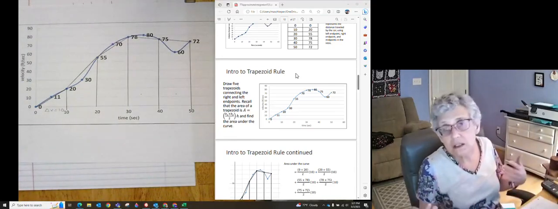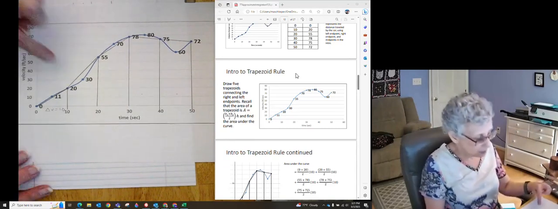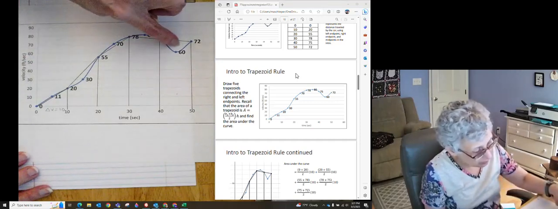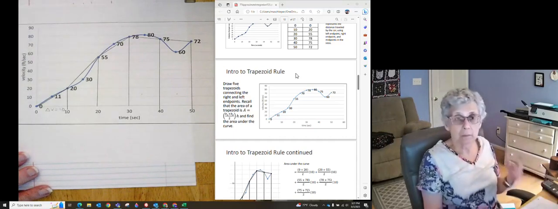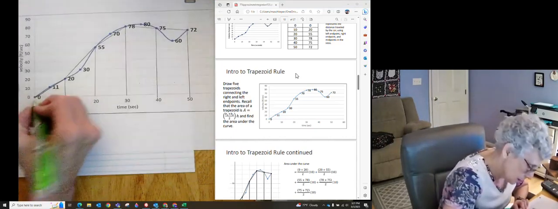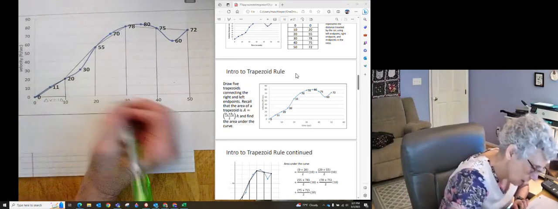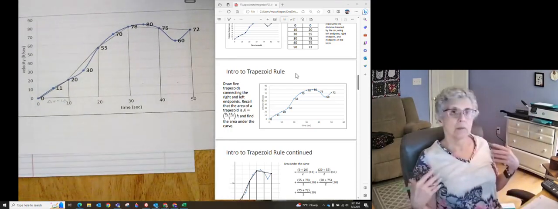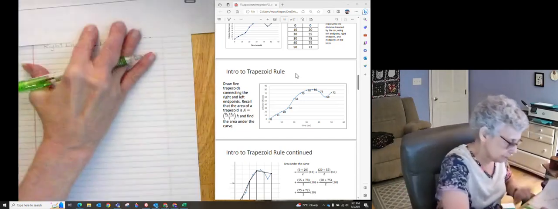Now, just like Riemann sums, it's just going to be an approximation. It's not going to be perfect because we've got some extra stuff here. We got a good bit of extra stuff here. We lose a little bit of stuff there. But each of these has a width of delta x, which is 10. We need to remember what the area of a trapezoid is.